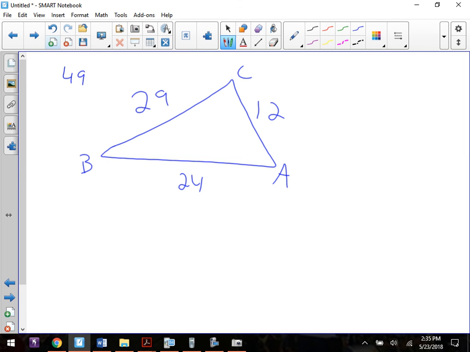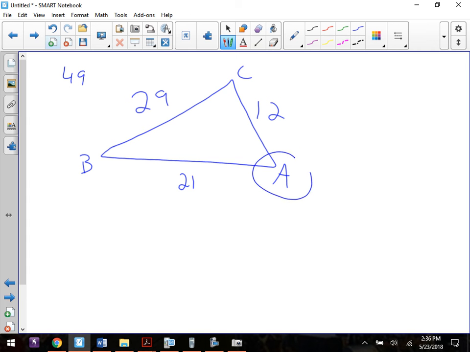What was the general idea that we always tried to do for which angle to solve for first for law of cosines? The largest one. Yes, ma'am. By doing that, it keeps you away from having to worry about running into the ambiguous case.